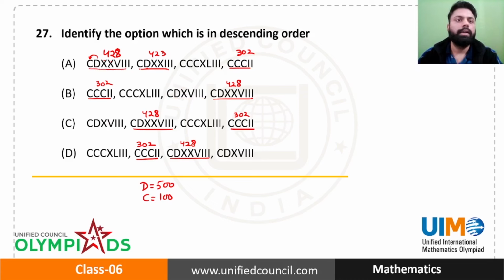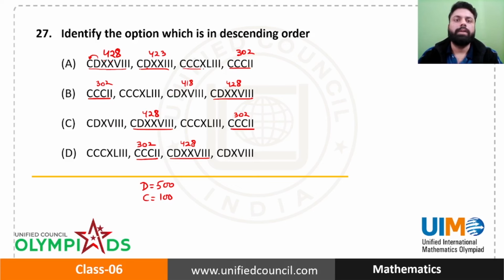CDXXVIII, CCCII. Okay, these are the right values, but CDXXIII, so 423. CD, this is 400 and then 10, 410, 418.